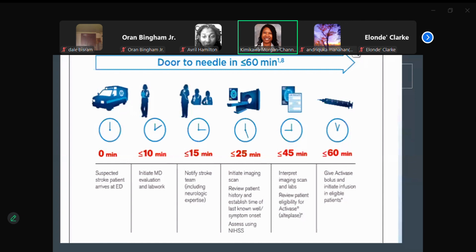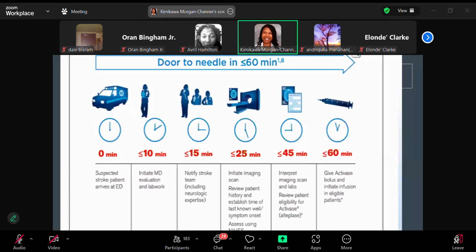Hewitt, pulse. Yeah, we tend to expect it to be around 80 to 100 to be okay. Less than 60 is bradycardia.